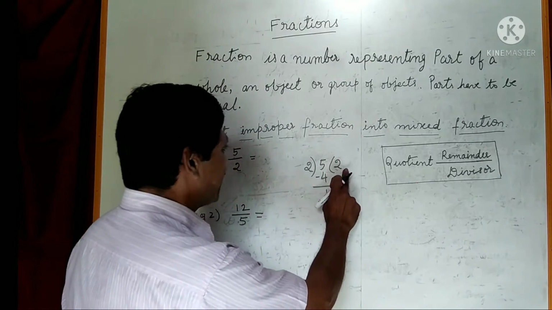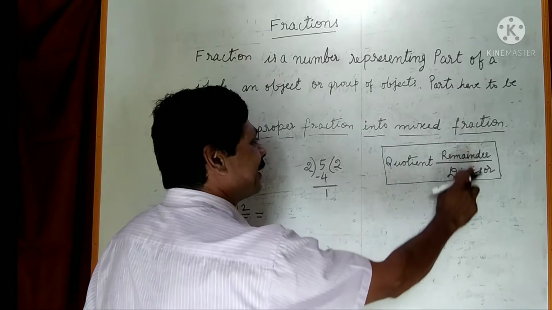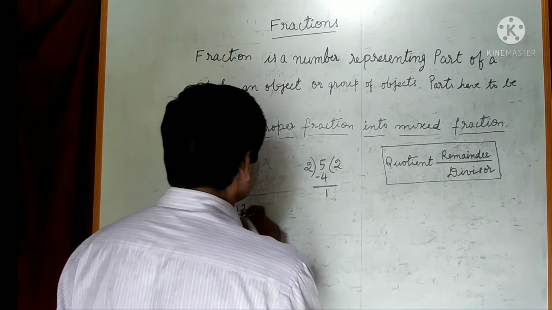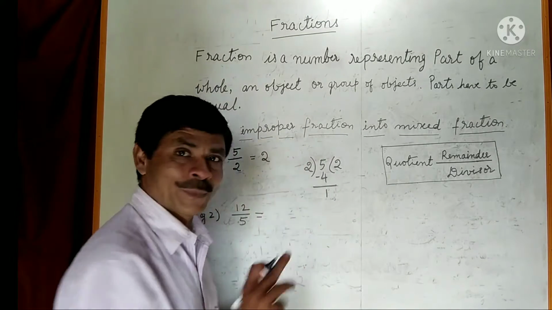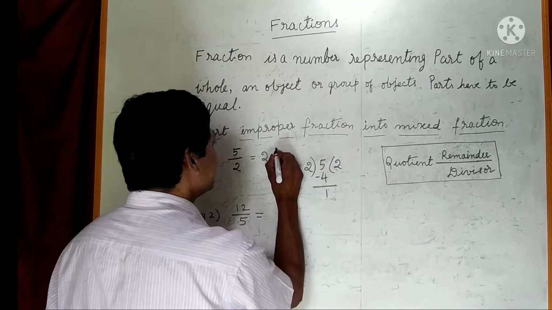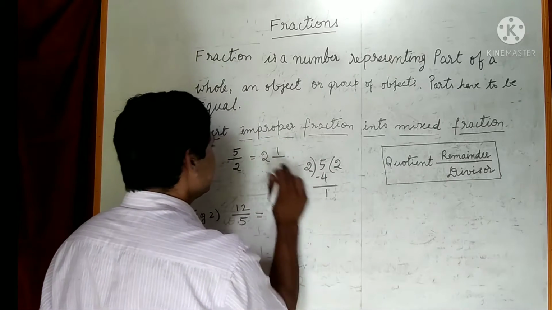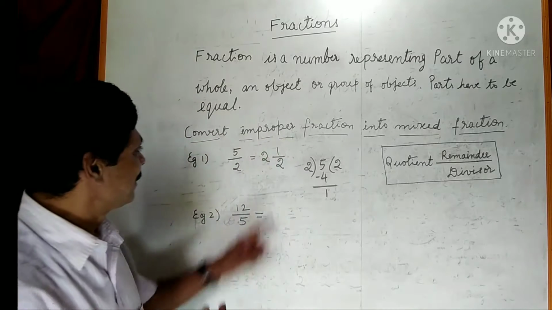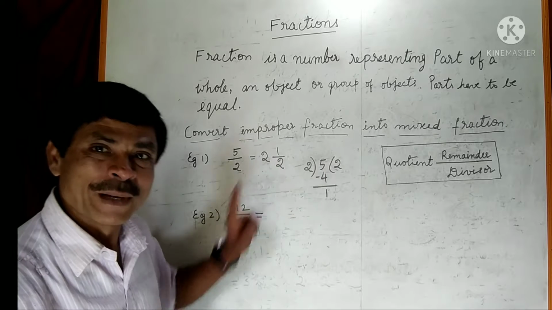Now we have to write like this: quotient, remainder divided by divisor. Here the quotient is 2, the remainder is 1, and the divisor is 2. Now this became a mixed fraction. We have converted an improper fraction to a mixed fraction.